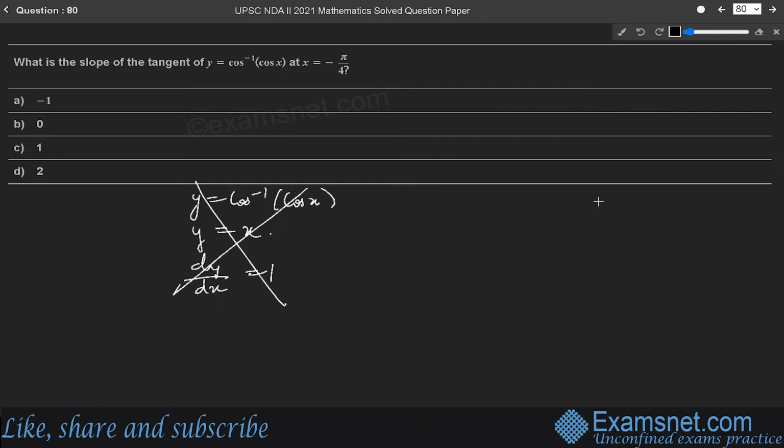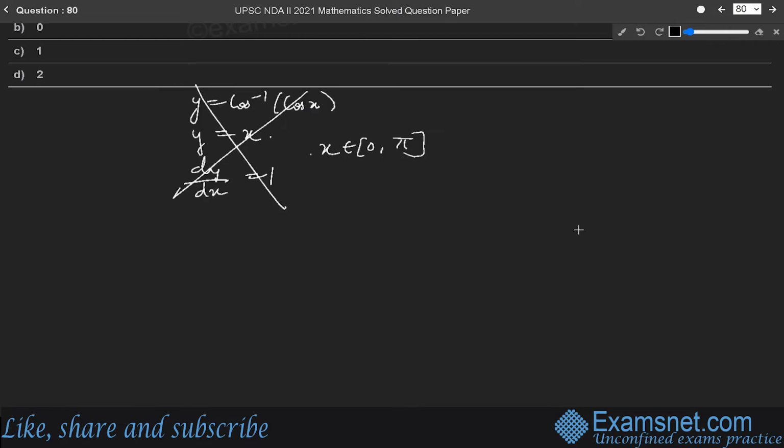Dy by dx can be 1 only when x belongs to 0 and pi, but here you can see that x is minus pi by 4, which means that it is negative. So in this case, y will be equals to pi minus cos inverse cos x. So y will be equals to pi minus x.